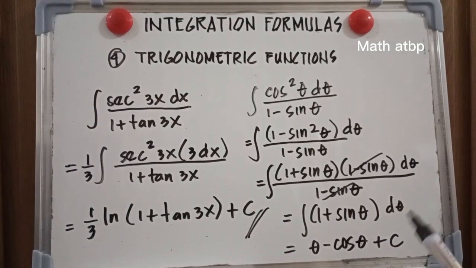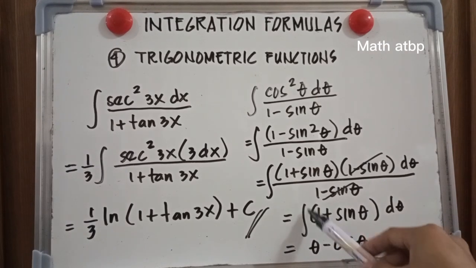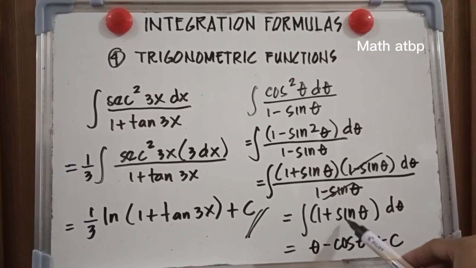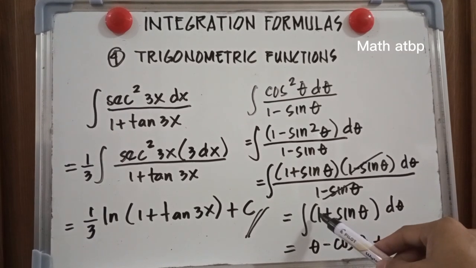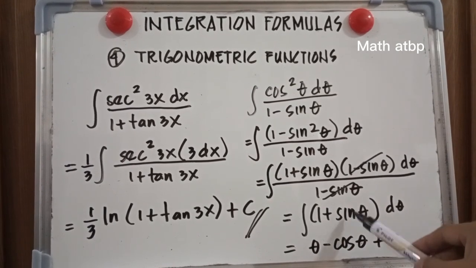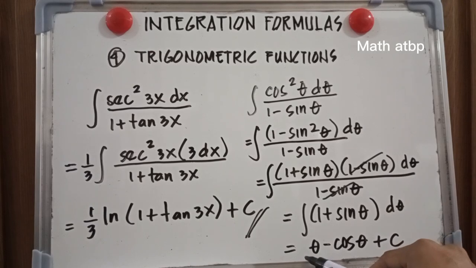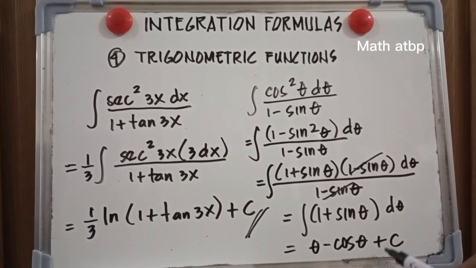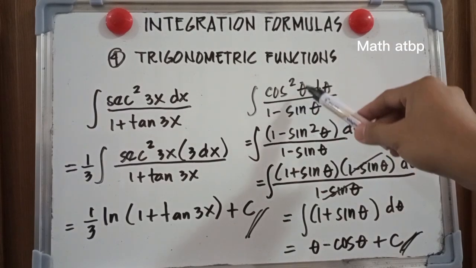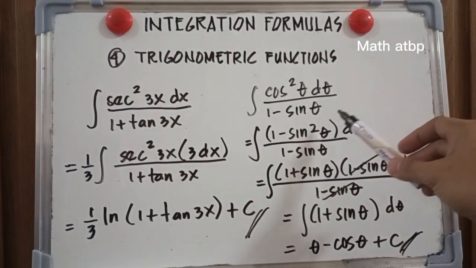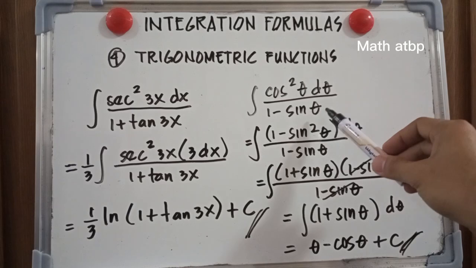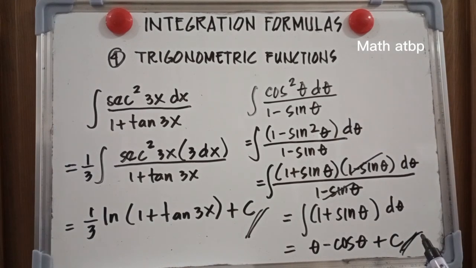We can cancel that. So what we have here now is the integral of the quantity 1 plus sine theta d theta. And the integral of d theta is theta. The integral of sine theta d theta is negative cosine theta. So finally, the answer is theta minus cosine theta plus c. That is the integral of cosine squared theta d theta divided by 1 minus sine theta. I hope you can follow.